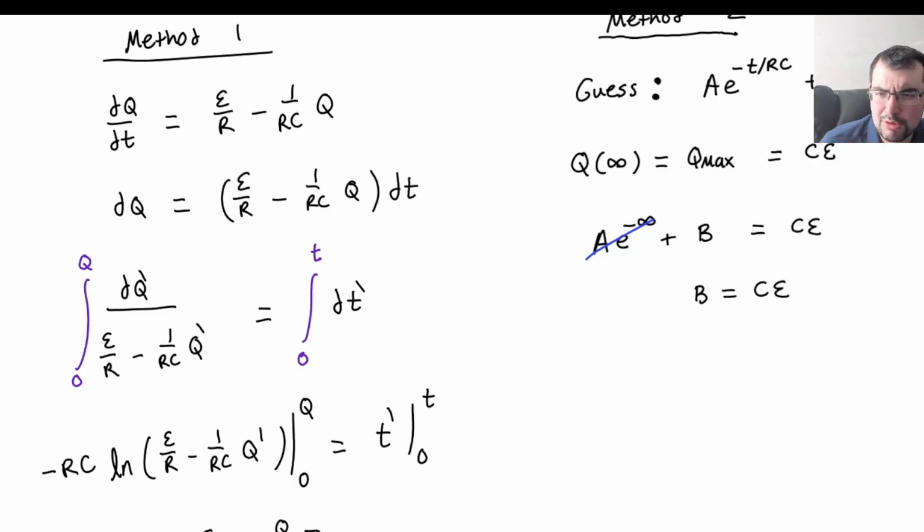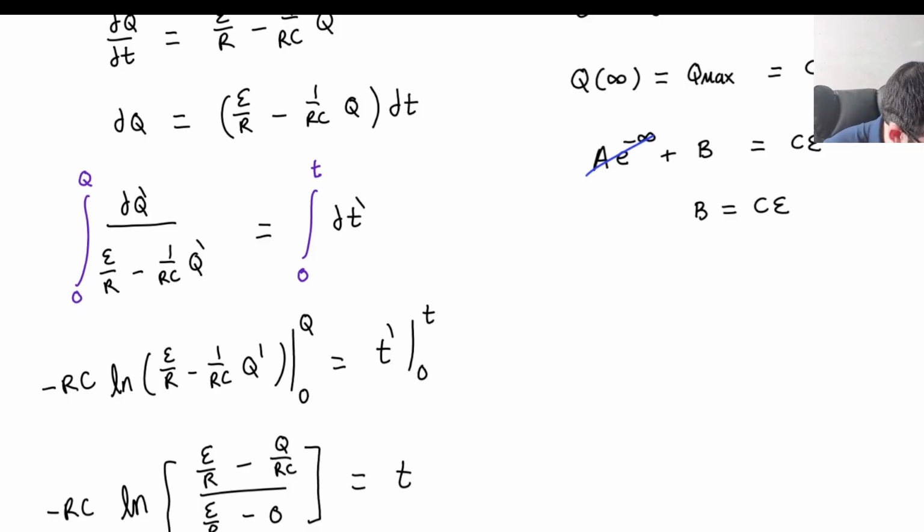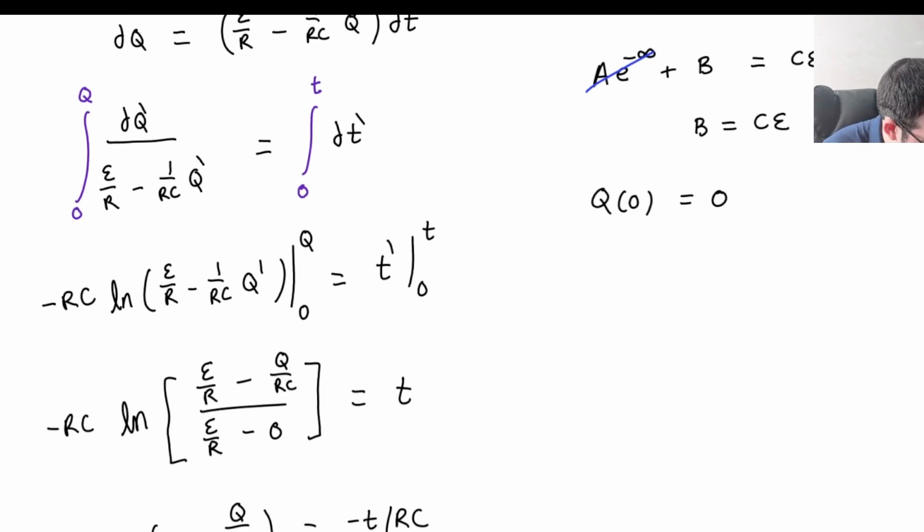And now we'll play a similar game with our short time analysis. So what is q of 0? Well, q of 0 is equal to nothing, because we're initially uncharged. So that means we can plug in and get a e to the 0 plus b, which we said was c times epsilon, is equal to 0.